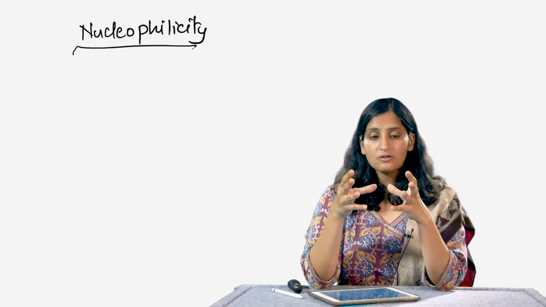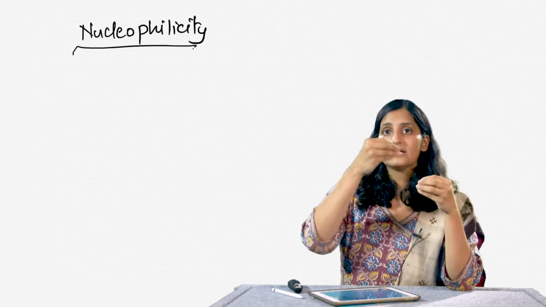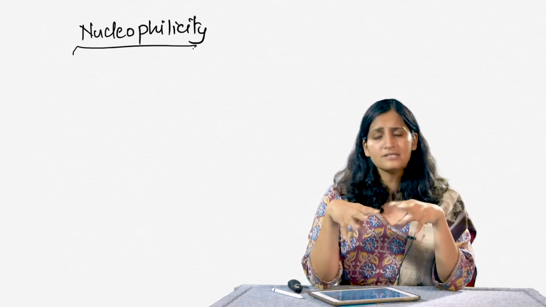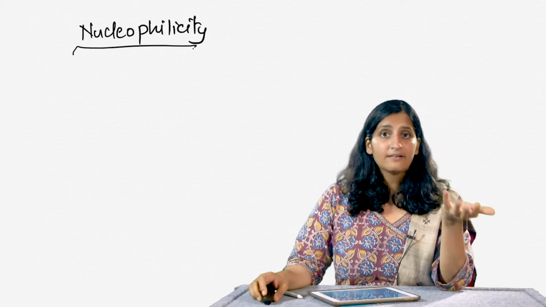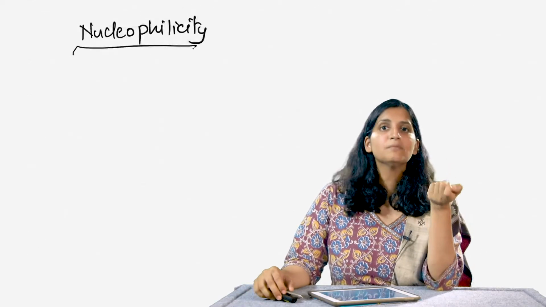As a result, you can conclude that as we go down the periodic table, as the size of the nucleophile increases, it can form less and less hydrogen bonds with the solvent, and that really means that the lone pair on that nucleophile will be considerably more free than in the case of the nucleophile that can form strong hydrogen bonds.